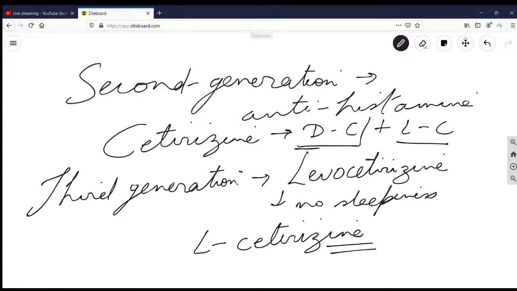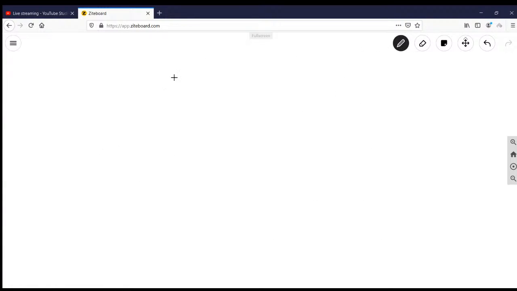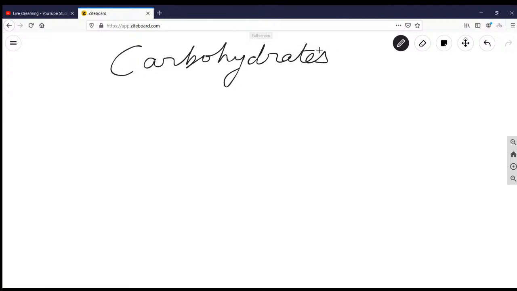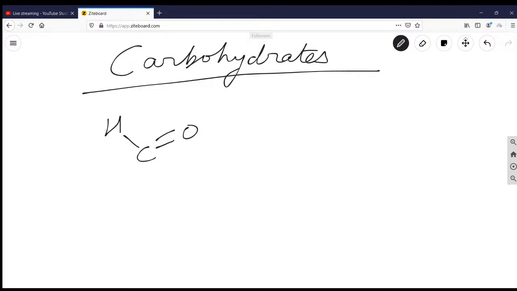Okay, so now coming to the carbohydrates. When we study carbohydrates, the basic molecule that we study first is glyceraldehyde. Glyceraldehyde looks like this.